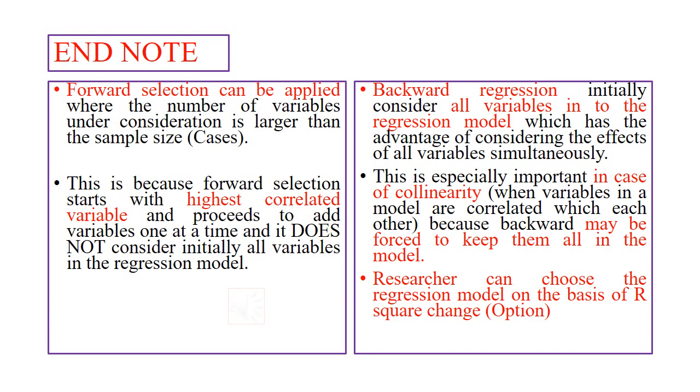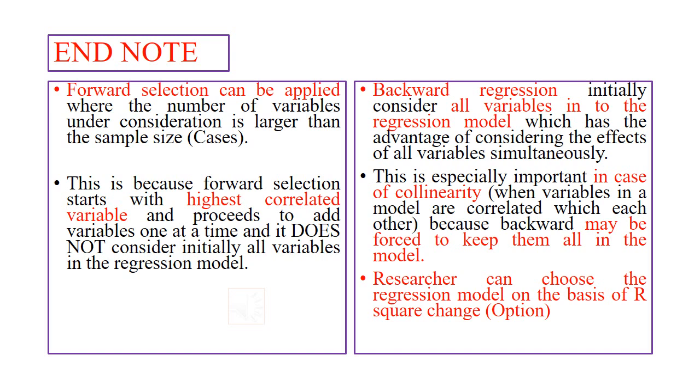End note. Here the question comes: which is the best method? Is it the forward regression procedure for selection of variables, or backward? Each has its own merits and demerits. Let us see the comparison between these two. Forward selection can be applied where the number of variables under consideration is larger than the sample size, that is, the number of cases.